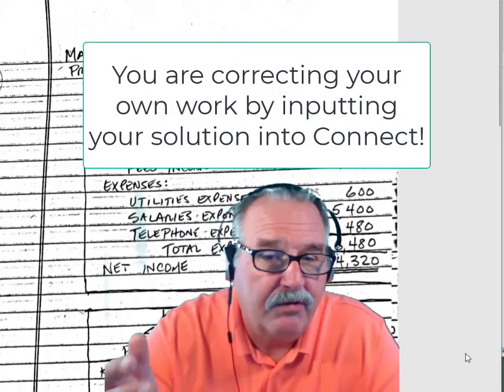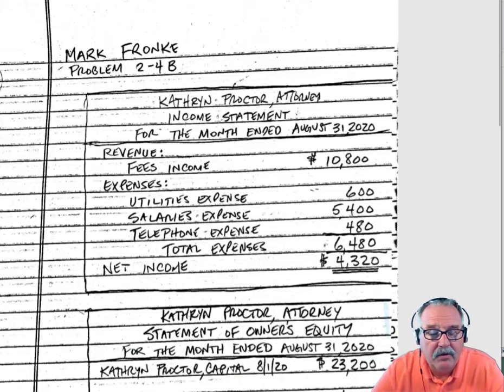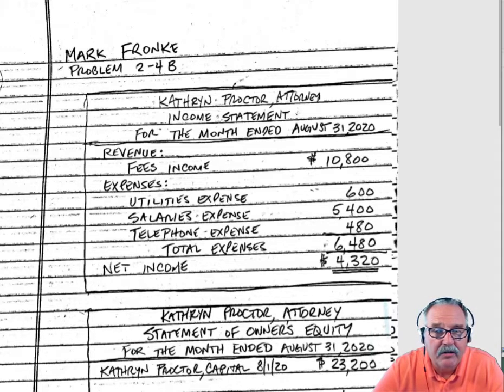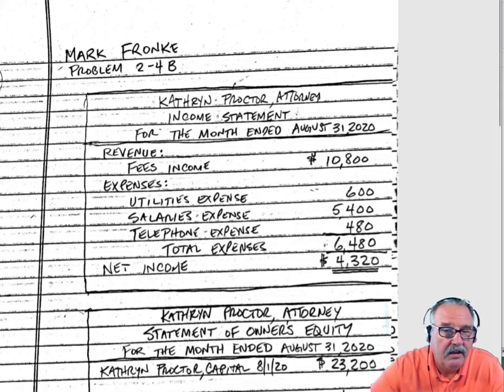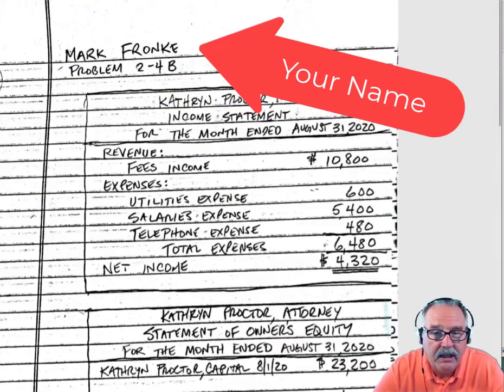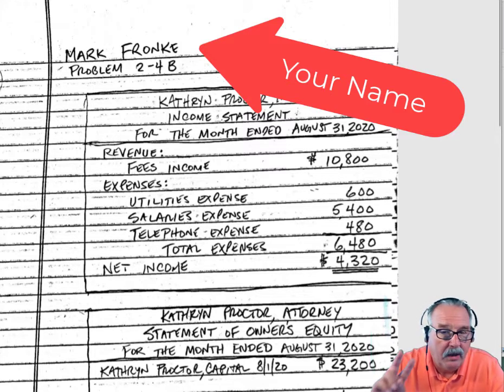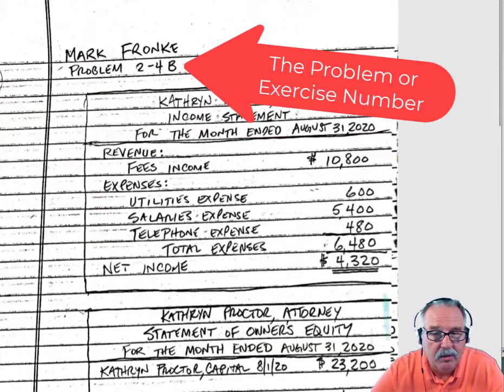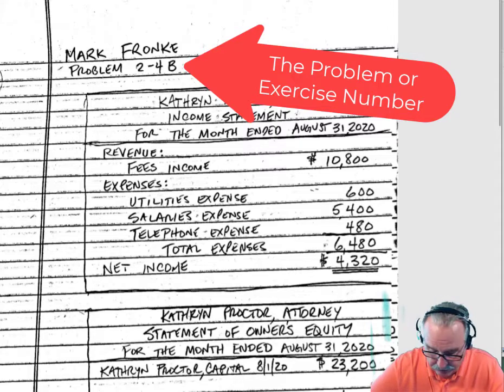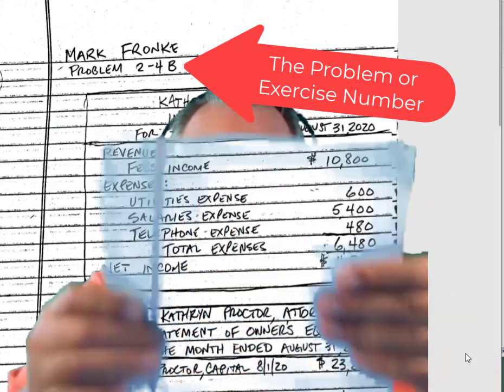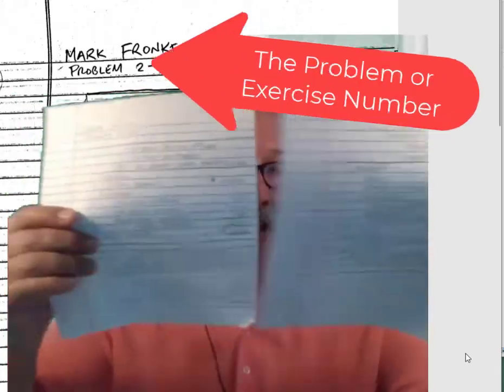So, in front of me is a problem from Accounting 100. It's 2-4B. Number 1, I need your name on every piece of paper. Your name should be on every piece of paper you submit, as well as a well-labeled problem number or exercise that you're doing. In this case, this is problem 2-4B, which I did in pencil on these 2 working papers.